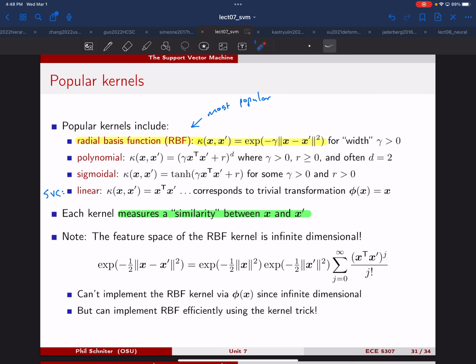So here you can see when x and x prime are exactly the same, the difference is 0, and you get e to the 0, which is 1. Now for any other x and x prime that are not the same, the inside of this exponent is a negative number, which means it's going to be less than 1. So this kernel peaks when x and x prime are the same, the highest value 1. As x and x prime get farther and farther apart, this thing gets smaller and smaller.